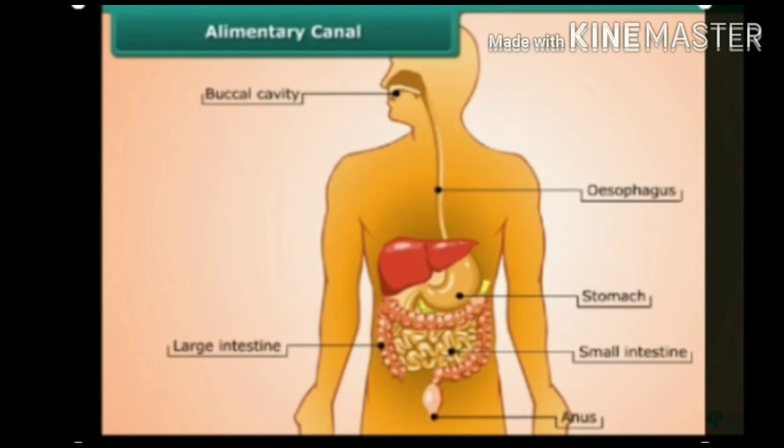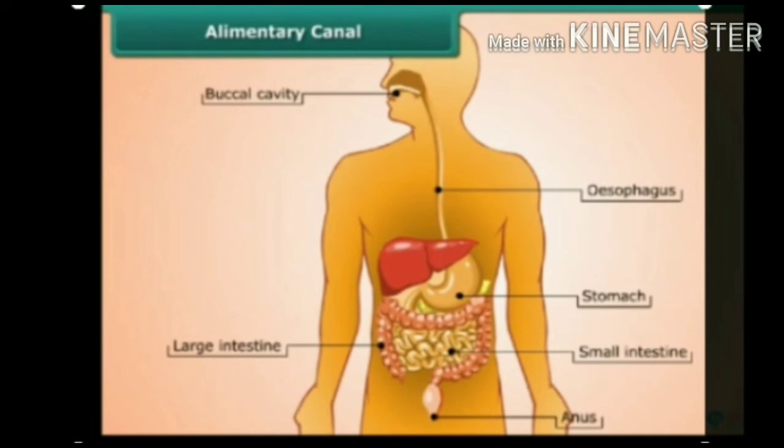Now, let us know the different parts of the human digestive system and what happens to the food in different parts of the digestive tract. The human digestive system consists of the alimentary canal and its associated glands.